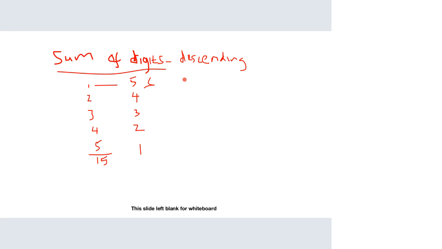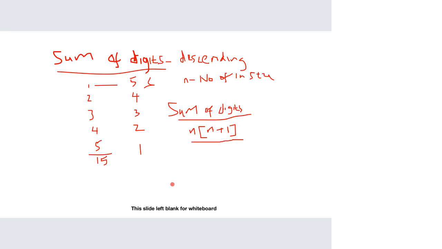Assuming that we denote the number of installments as n, the sum of digits will be given by n into n plus 1 divided by 2.